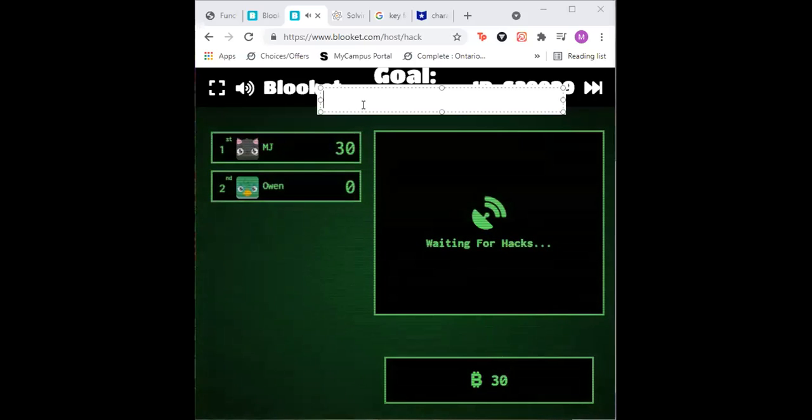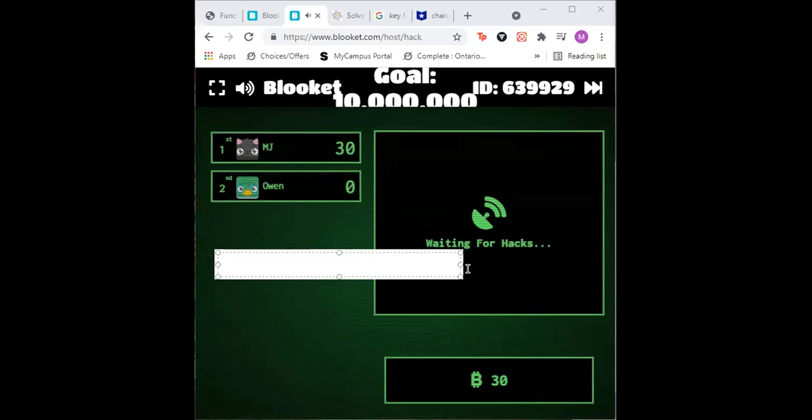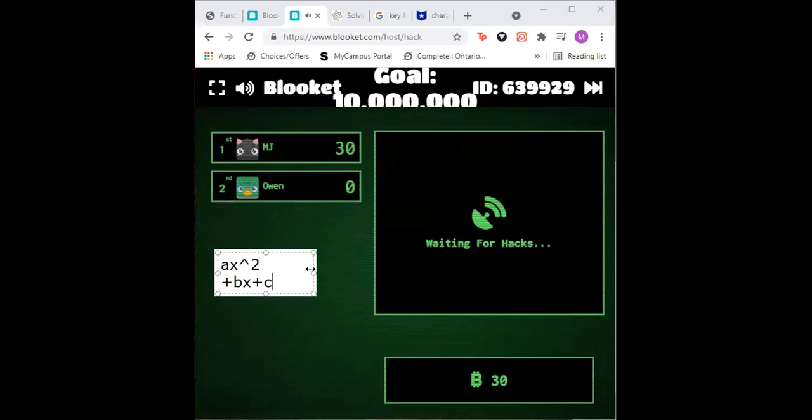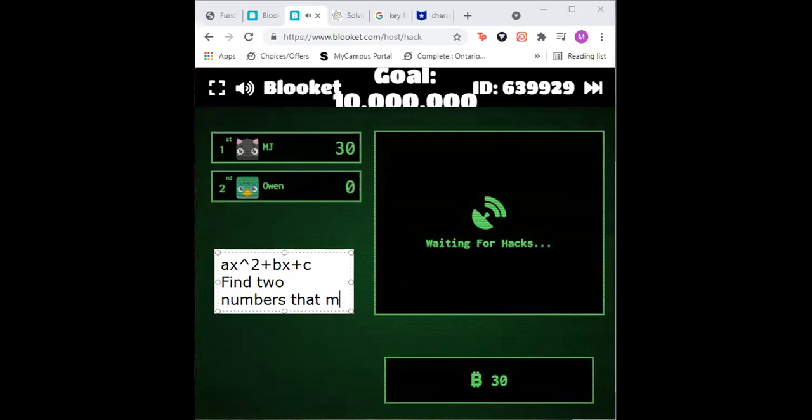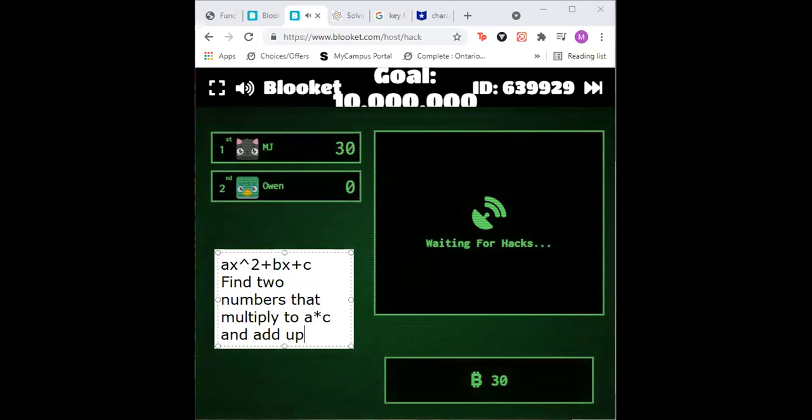So ax squared plus bx plus c. Find two numbers that multiply to a times c and add up to b.